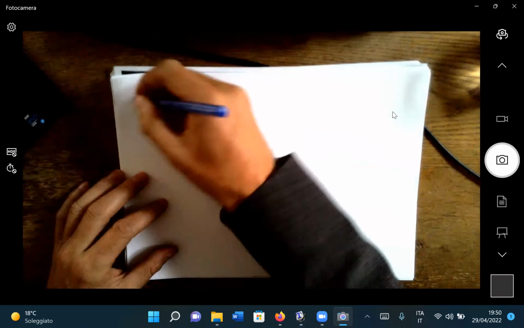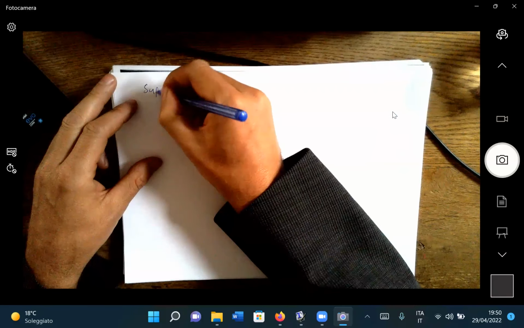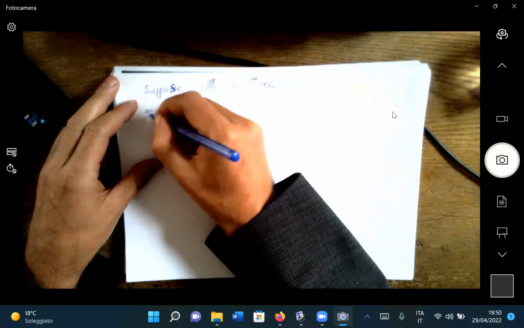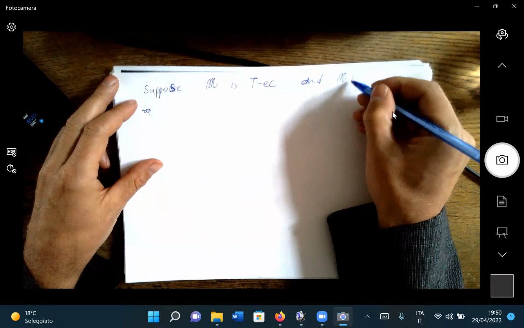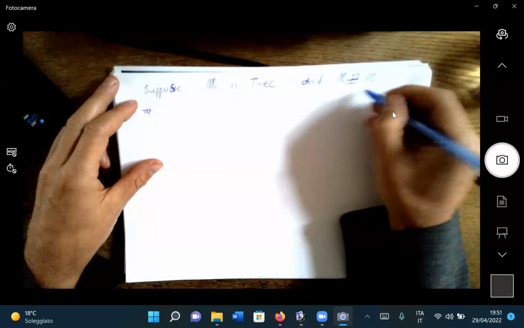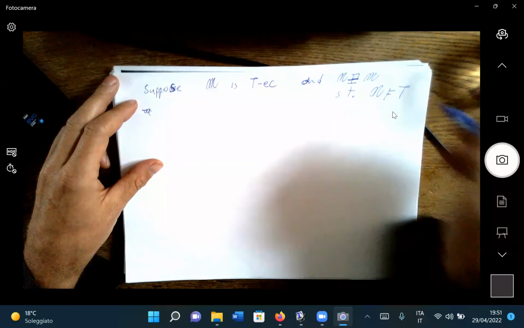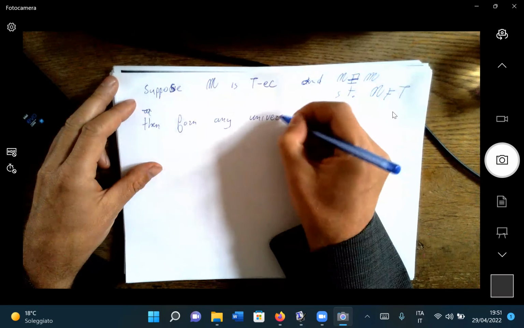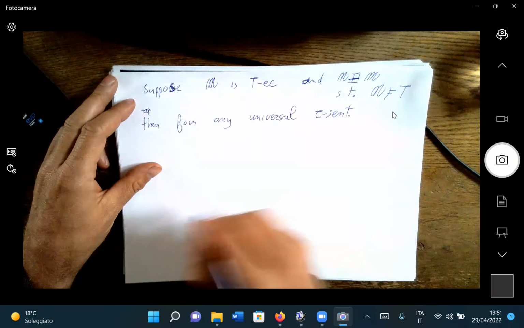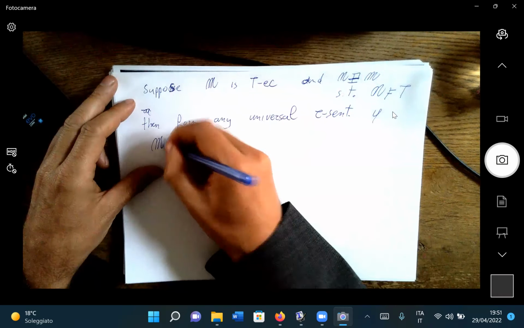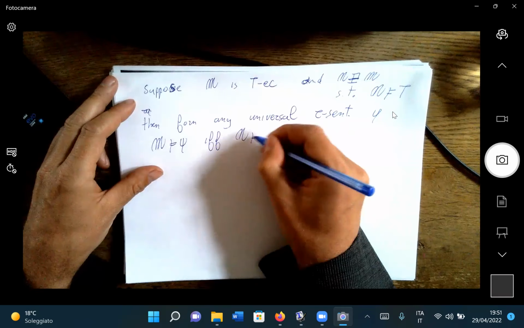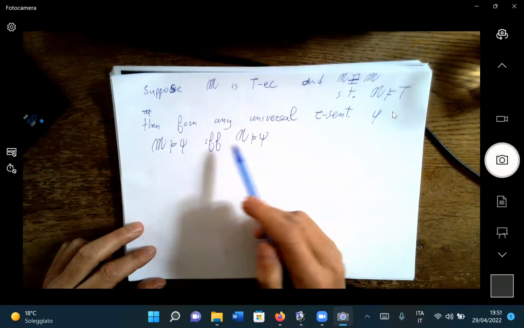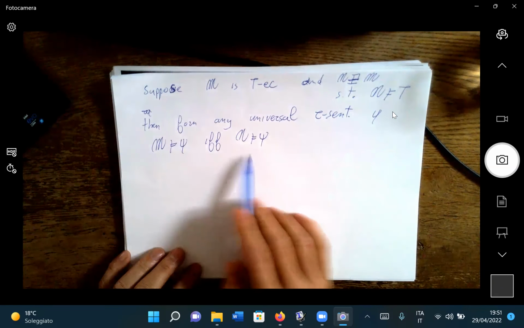Okay, and another observation is the following. Suppose M is TEC and N is a substructure of M such that N models T, then for any universal tau sentence C, we get that M models C if and only if N models C. So you get that when you have a model which is existentially closed and you build a superstructure which is a model of T, the fact that it's sigma 1 elementary grants that you are not changing the pi 1 theory.